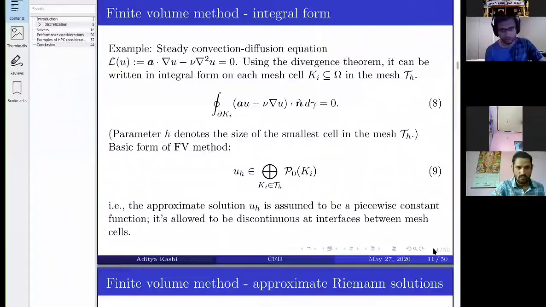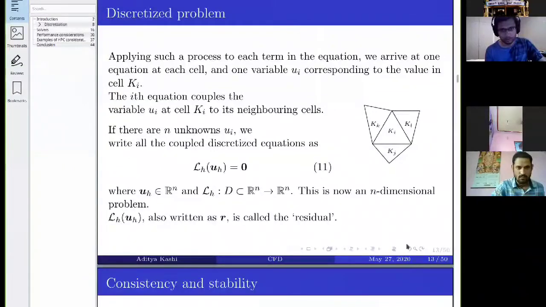It is an n-dimensional problem if we have n cells in this case. So if there are n cells, we have one variable for each cell, which describes the constant value of the variable on that cell. And then we have equations that couple all of those variables. So this LH of UH is also written as R for future reference, and this is called the residual.